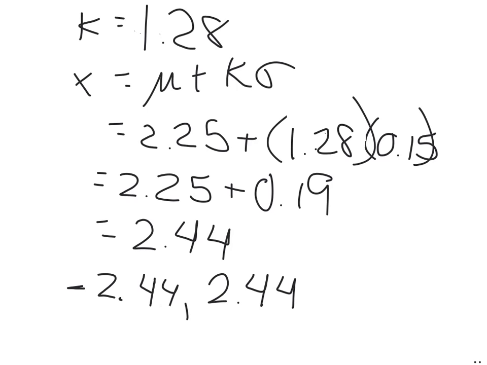Then for problem 6, we're doing the old two-step process. Percentiles. So that one, we found the K of 1.66. My computer was acting funny there for a second.